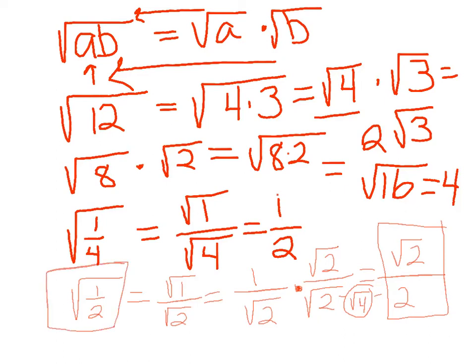Now, we call that the simplified version, but technically it doesn't look much simpler than what we had to begin with, but it is grammatically correct. Okay. There is another situation where you'll have to simplify this.